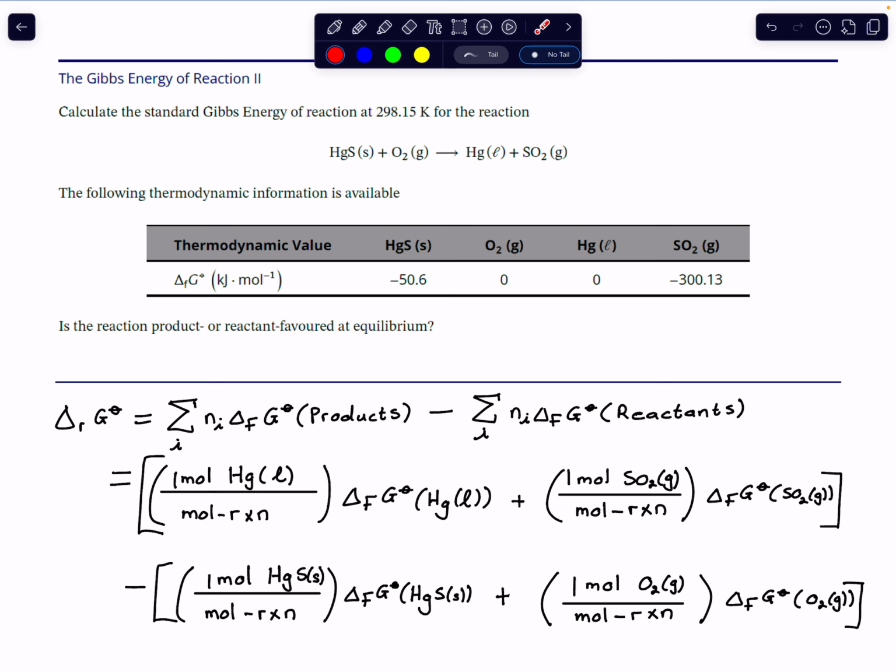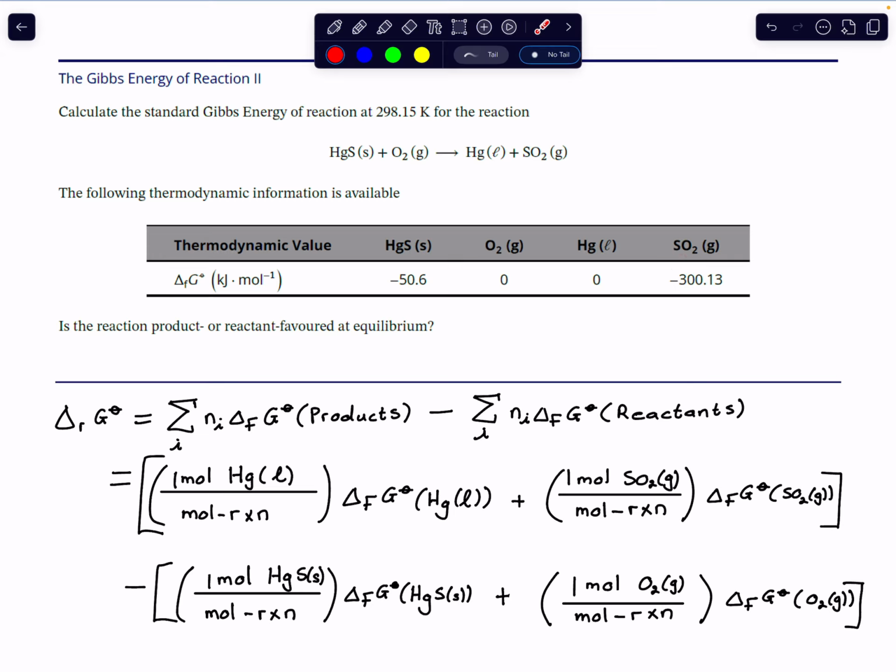So for hydrogen, oxygen, fluorine gas, chlorine gas, bromine liquid, iodine solid, you would use the value of 0, right? Mercury is a liquid at 298 Kelvin. In other words, it has a value of 0.